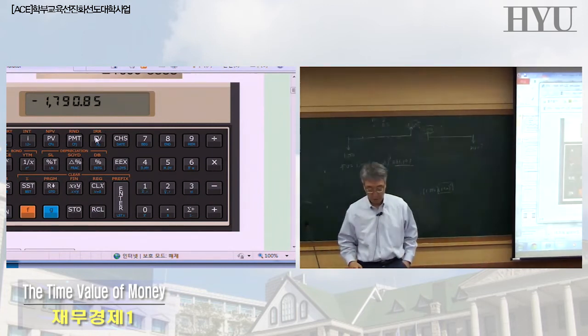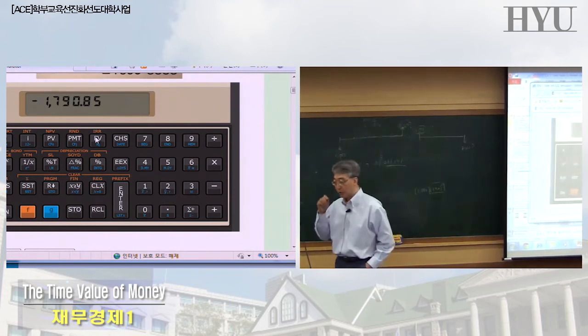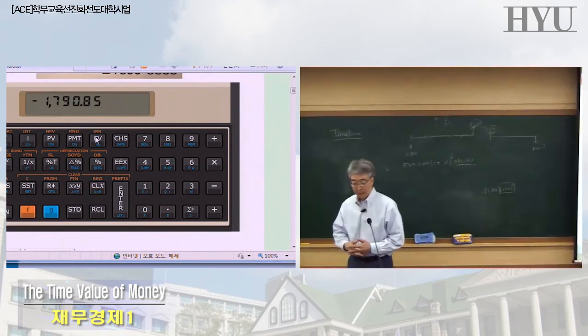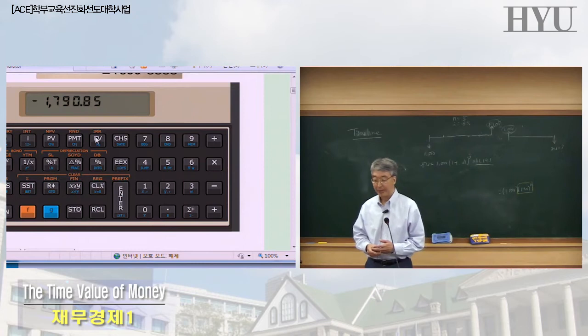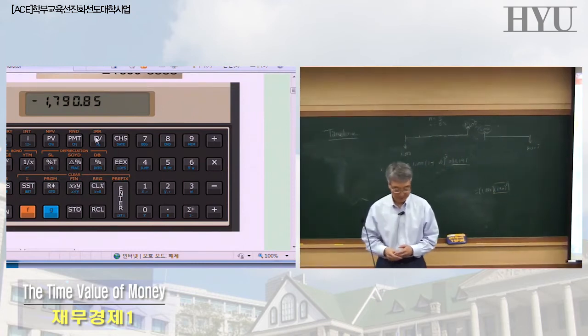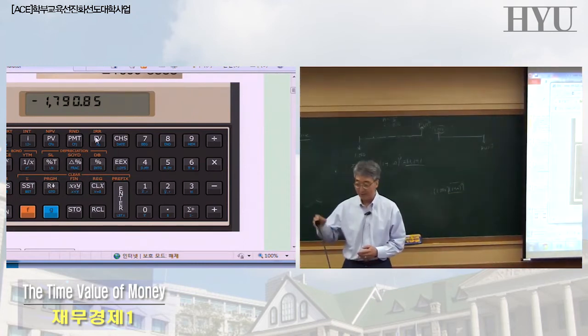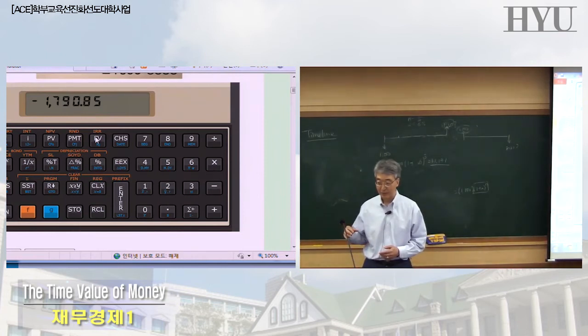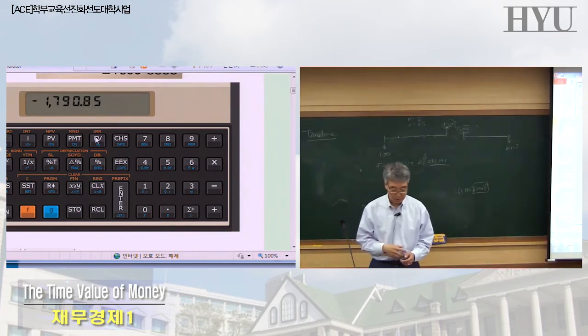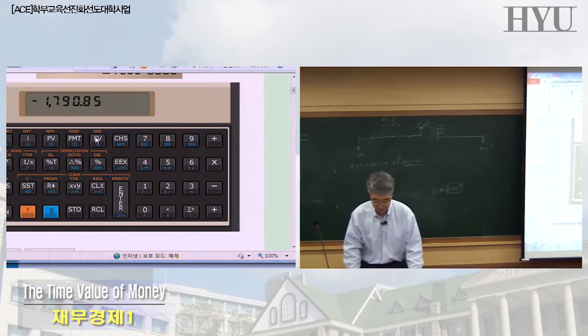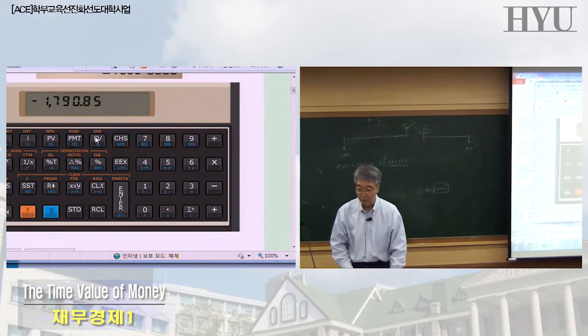So it's much easier than something like the TI BA II Plus. There are many more steps there. The reason why some people prefer that is it works just like a regular calculator.